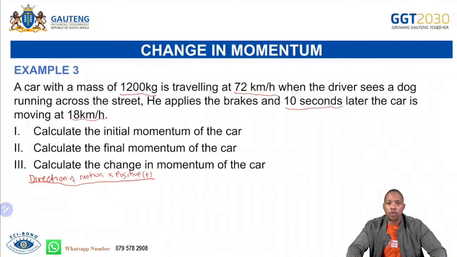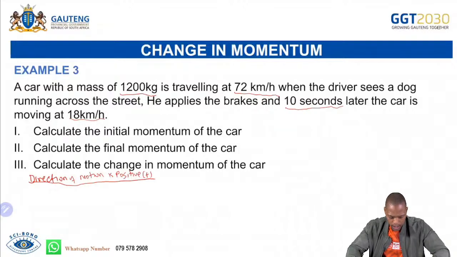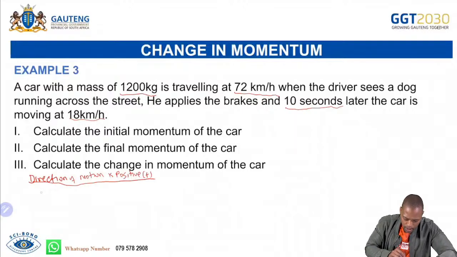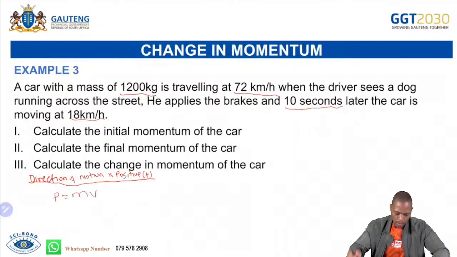That direction of motion, I'll take it as positive. So that means the opposite will have to be negative. Okay, so I'm calculating the initial momentum. The initial momentum should be given by the formula P is equal to mv, because it's simply momentum.